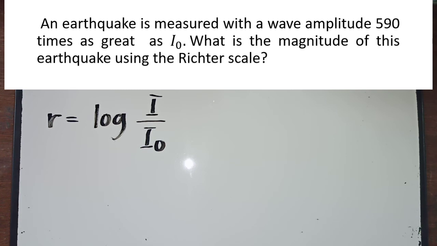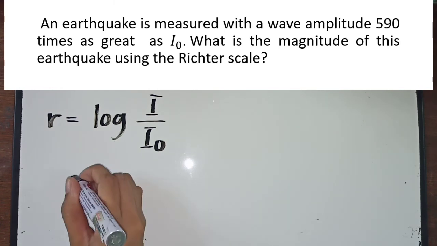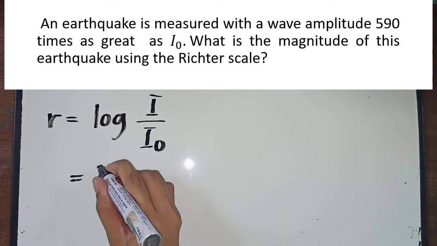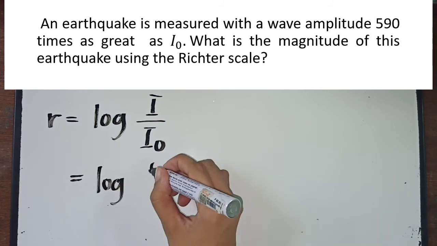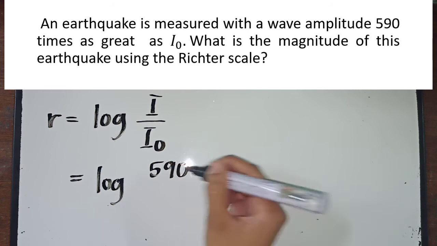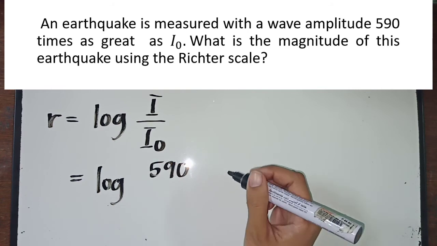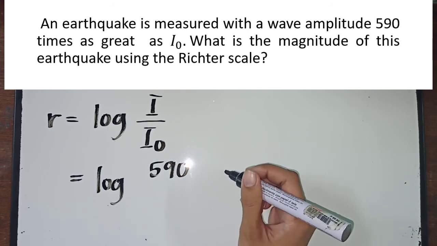Using this formula, we have R is equal to the logarithm of I over I sub 0. What will be the value of our I? What will be the intensity of the earthquake? It says here that this is 590 times as great as I sub 0.